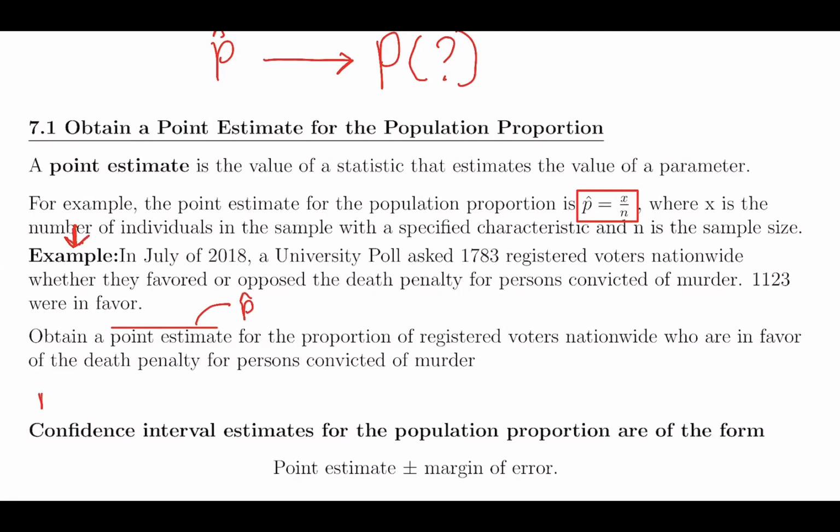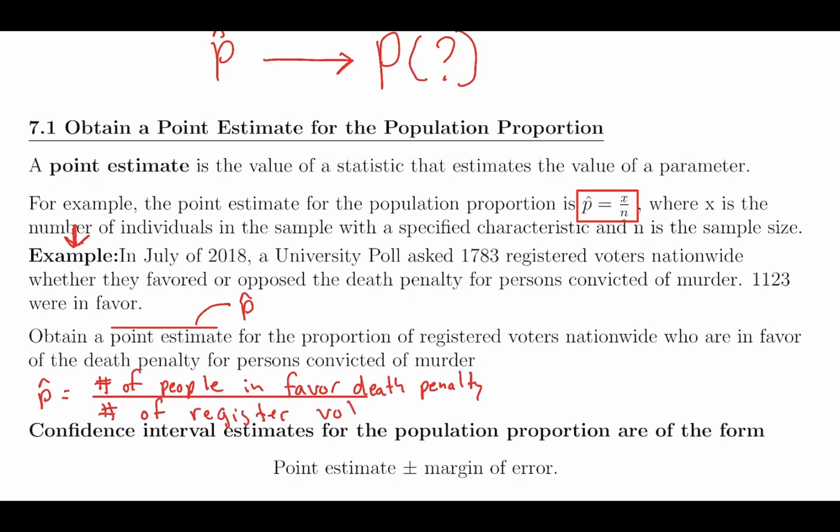So for this one, P hat is equal to the number of people in favor of the death penalty, and the bottom is the number of registered voters.